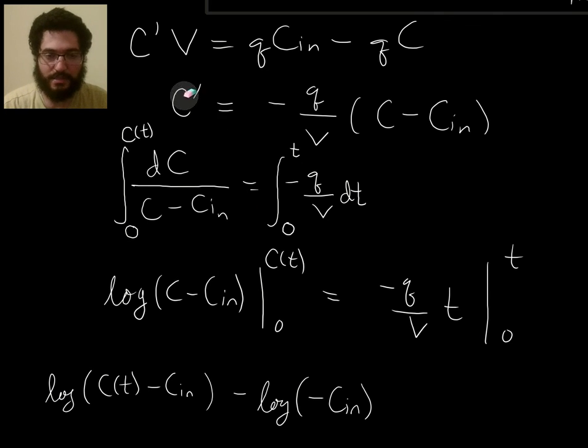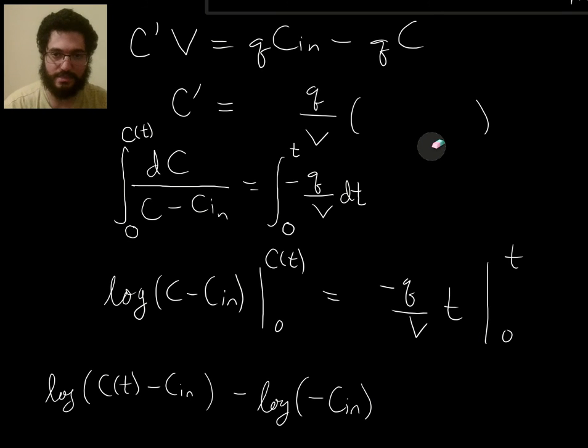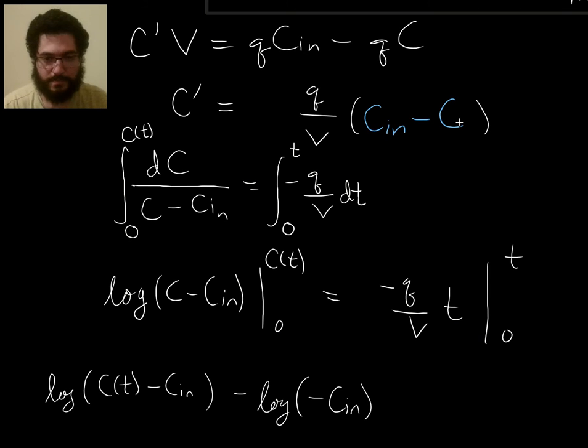So let's see. Over here, let me remove the minus sign from here and then flip this around to say c in minus c. Then over here, I can remove that minus sign and flip this around to say c in minus c.